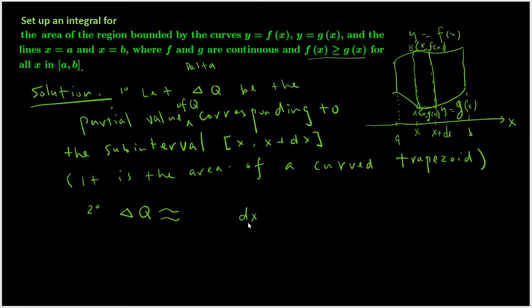Thus the width of the rectangle is dx. Now the height is given by f of x minus g of x, the difference between the y coordinates of point B and point A.